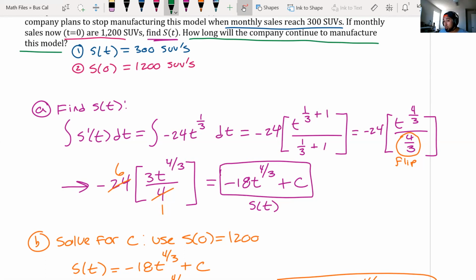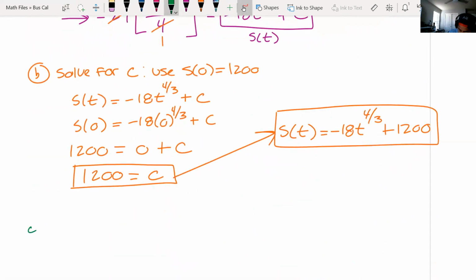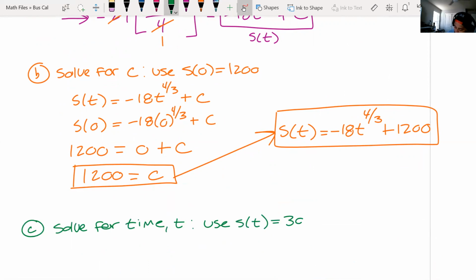We are looking for time. So step C is solve for time. All right, and use that other clue. S of t equals 300.